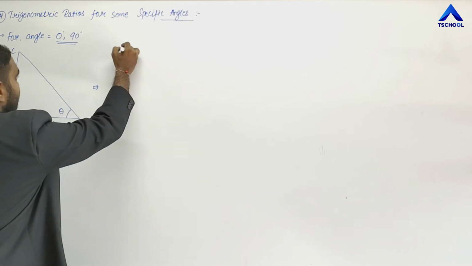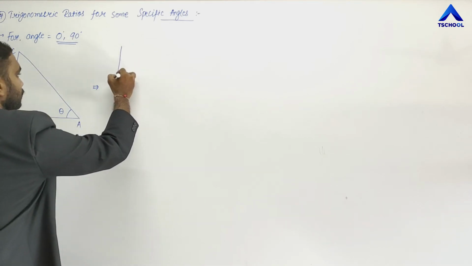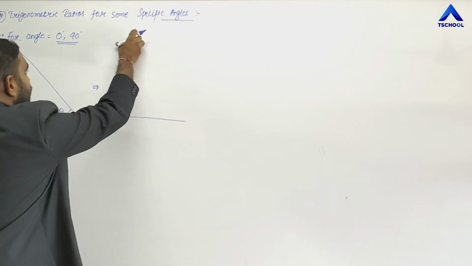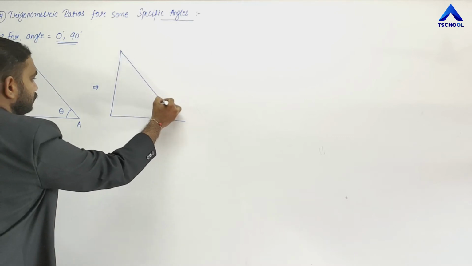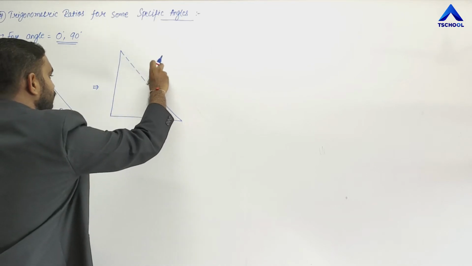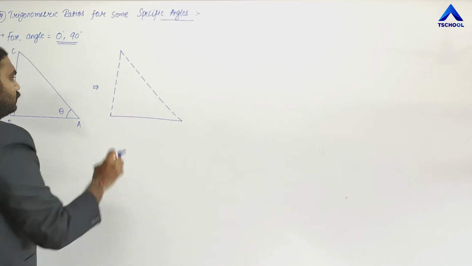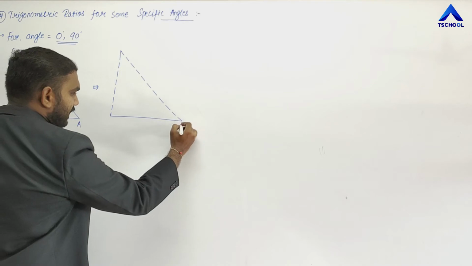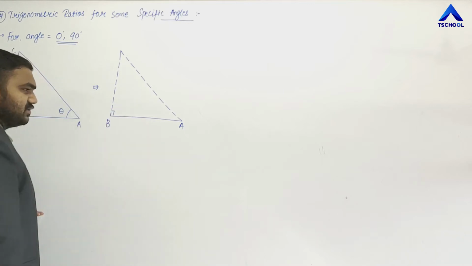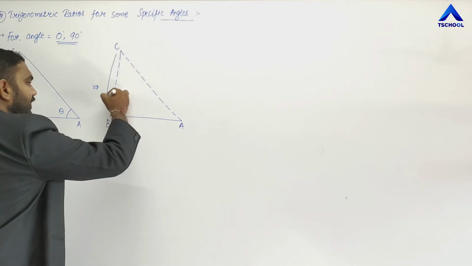If I want to make this angle theta equals to 0, then what happens is, here it was my A, this is my B, this is 90. It was 90 first of all. But what happened here, when this C has fallen down to B.